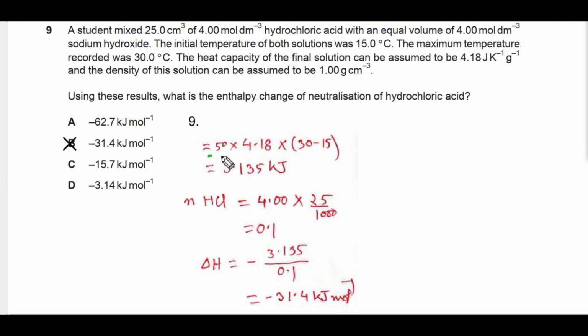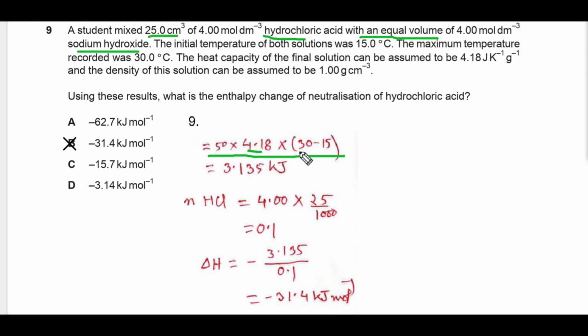First mc delta T, m is 50, why? 25 centimeter cube hydrochloric acid plus an equal volume of sodium hydroxide. That means the total volume will be 50 centimeter cube. So you know 1 centimeter cube equals 1 gram, so 50 centimeter cube will be 50 gram. 4.18 is the specific heat capacity.